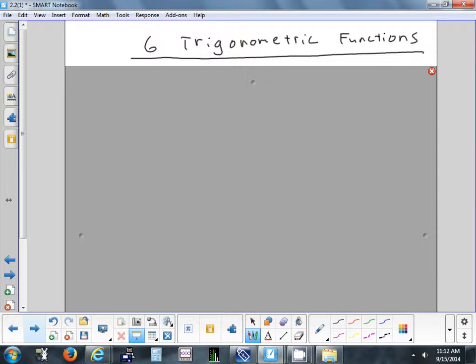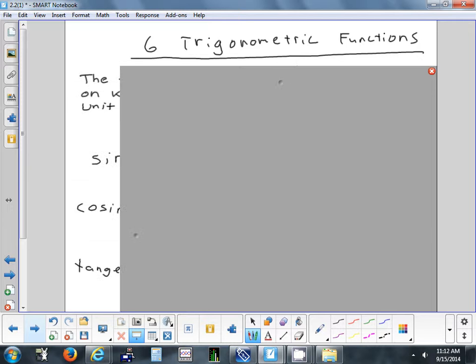Okay, so 6 trigonometric functions. For almost every week through the rest of the year, we're going to use these functions. I showed them to you earlier on the calculator. I showed you 3 of them.